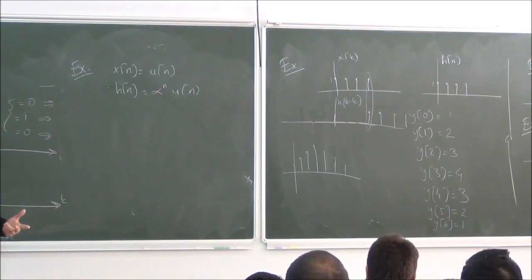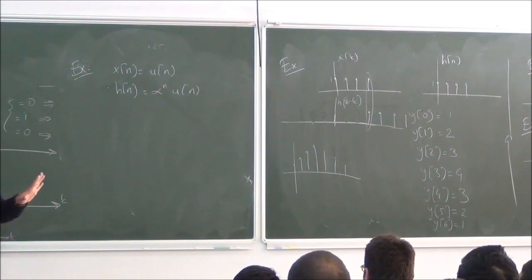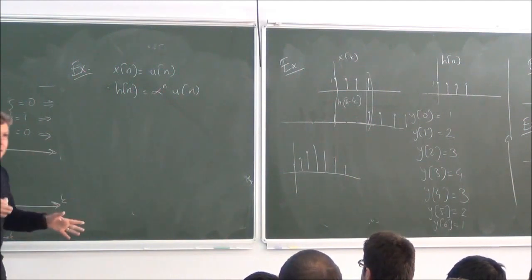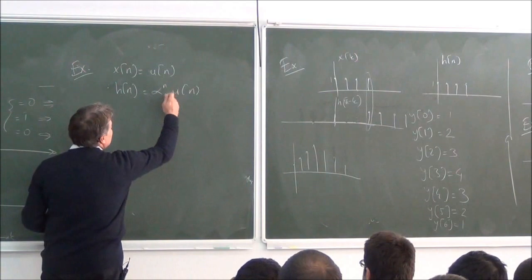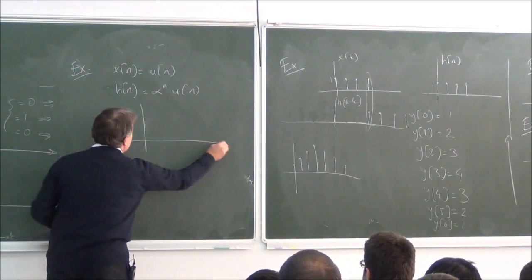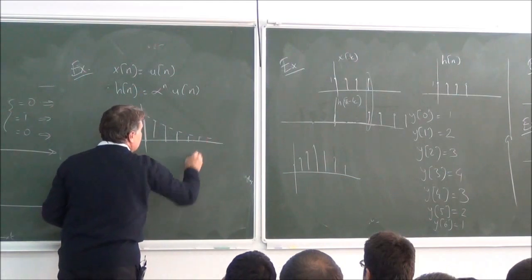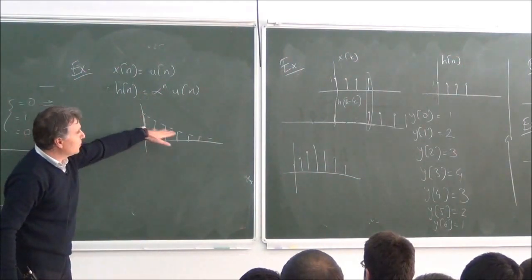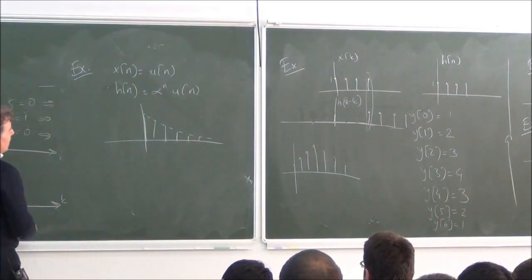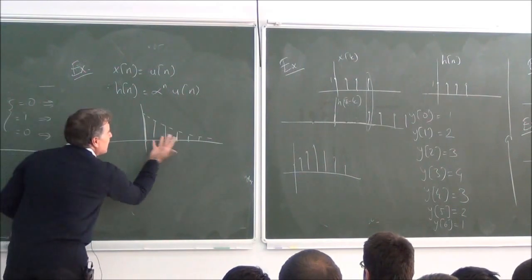Does it work the same way? Is this intuition valid? The answer is yes, it is valid. This alpha to the n u of n was this decaying exponential. We remember that, right? This was alpha to the n u of n. Let's flip it around.